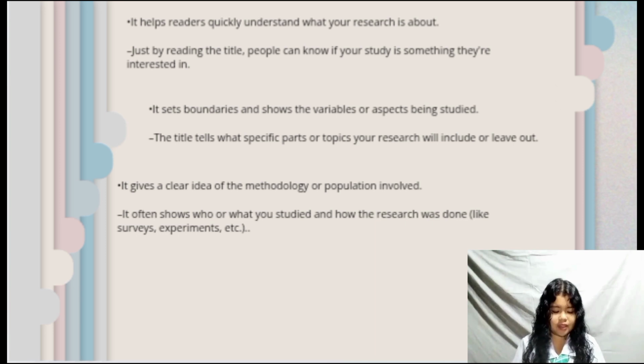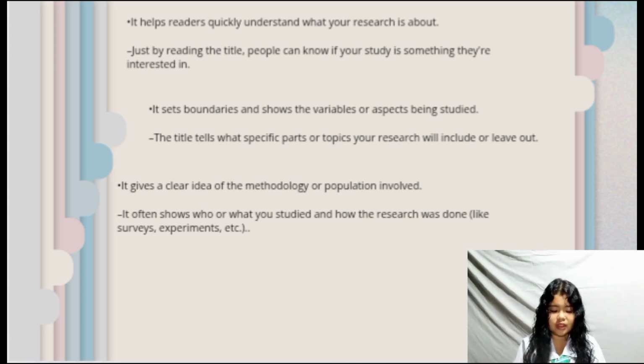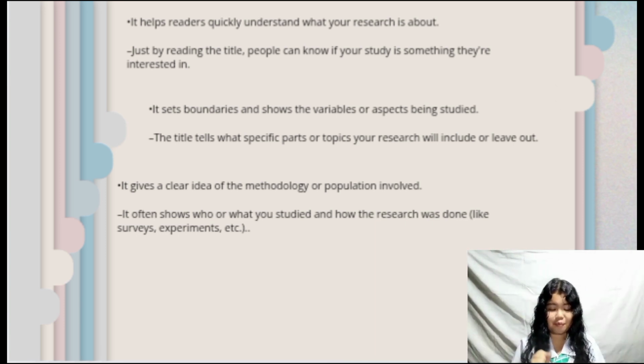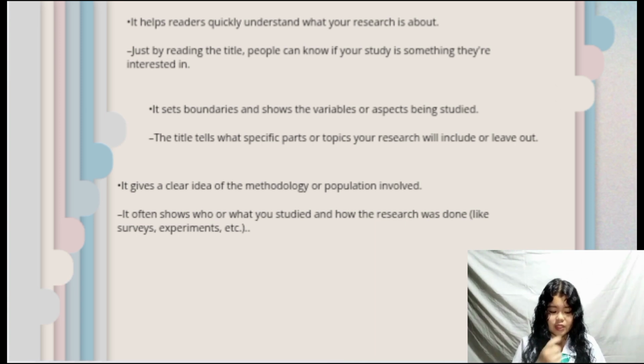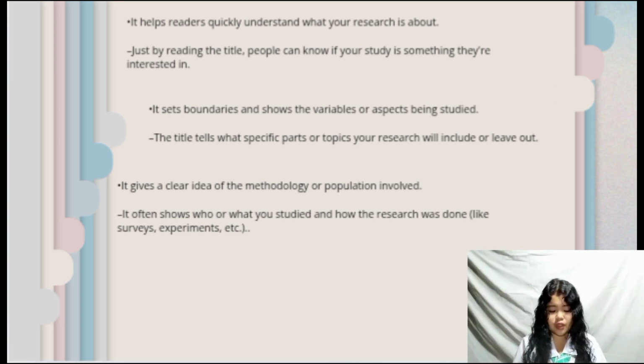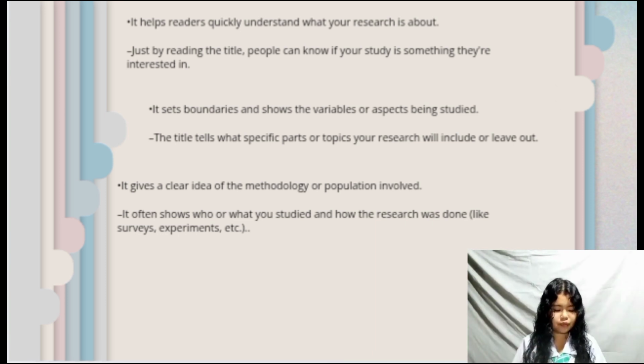Another purpose is it sets boundaries and shows the variables or aspects being studied. The title tells what specific part of topics your research will include or leave out. This avoids confusion and makes your research focus more specific and clear.